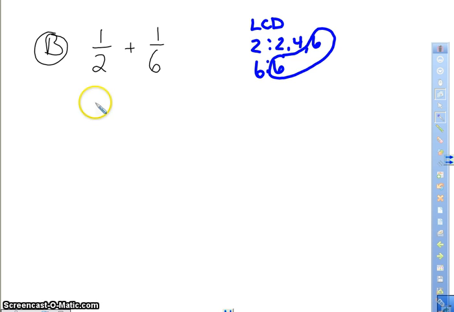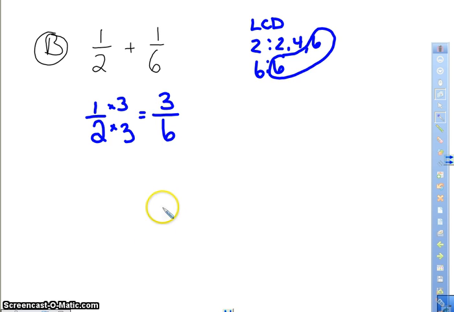When you rename a fraction, it still represents the same thing. It's just now renamed as an equivalent fraction with a different denominator and numerator. Because we're renaming it, we have to do the same thing to the top as we do to the bottom. So 2 times 3 is 6, so I'm going to multiply my 1 times 3 as well to get 3/6.